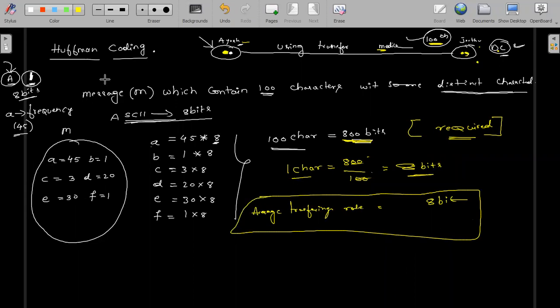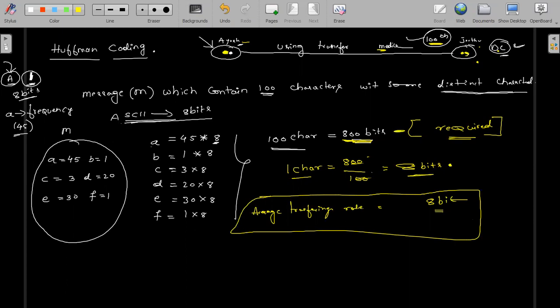So this is the story. To send a message from here to here, this many bits it is taking. For one character, how many bits it is taking? 8 bits it is taking. For 100 characters, 800 bits it is taking.